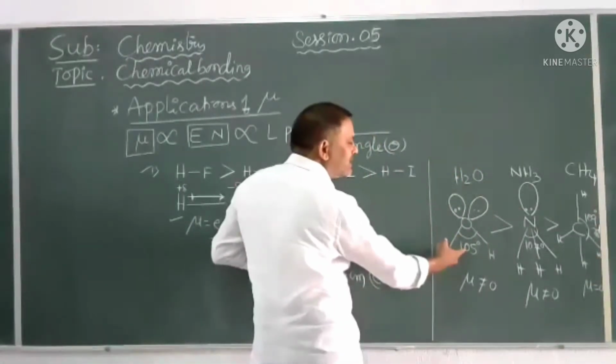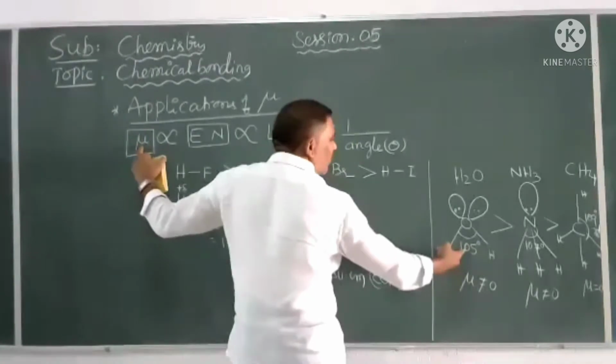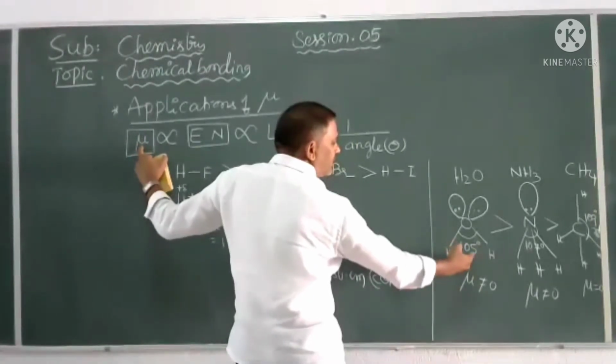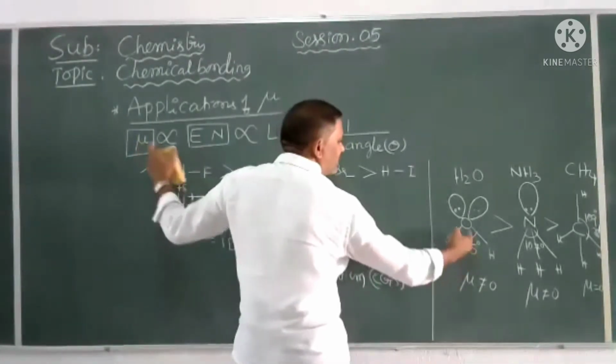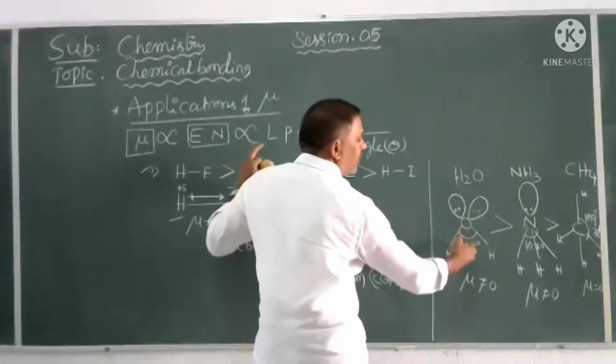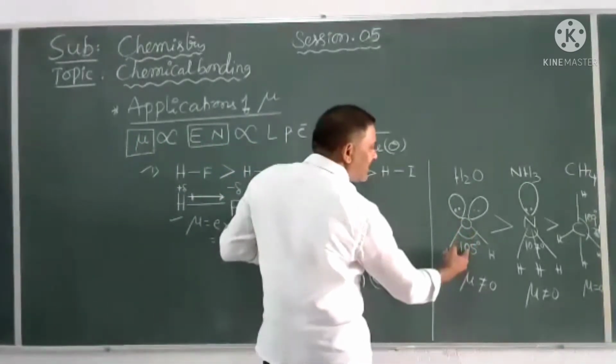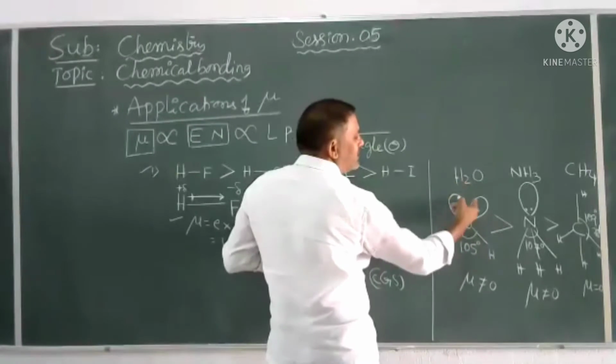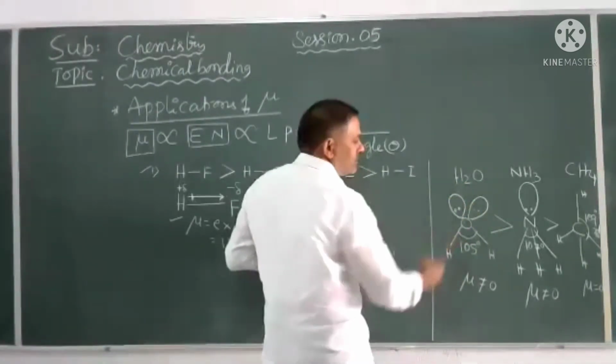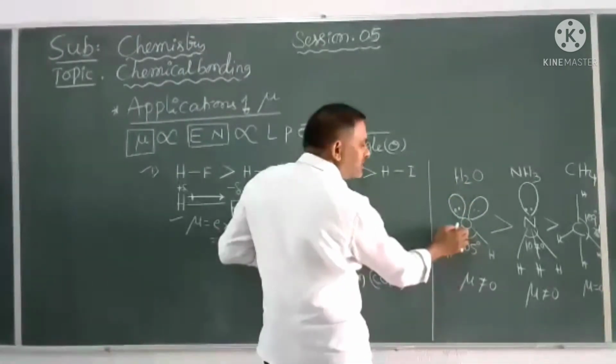When the bond angle is less, the dipole moment is more. That's why the water molecule's dipole moment is more, because its bond angle is less and it contains two lone pairs.